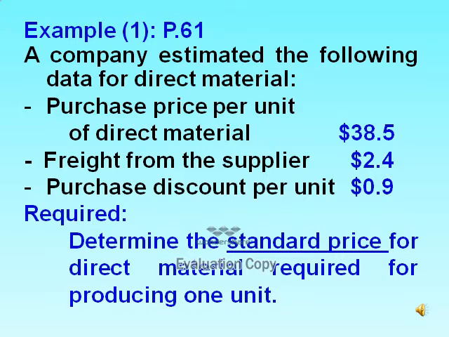Example 1 on page 61. A company estimated the following data for direct material. Purchase price per unit of direct material 38.5. Freight from the supplier 2.4. Purchase discount per unit 0.9. Required: determine the standard price for direct material required for producing 1 unit.